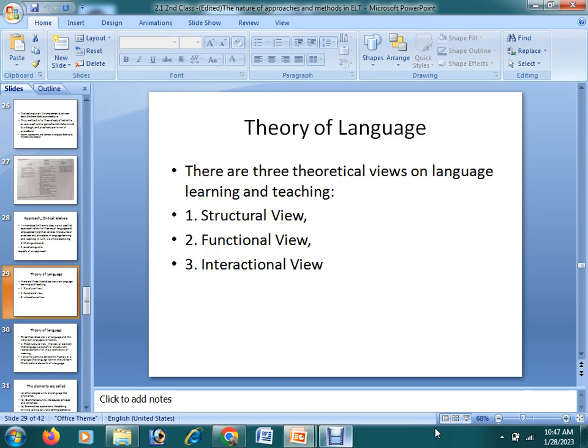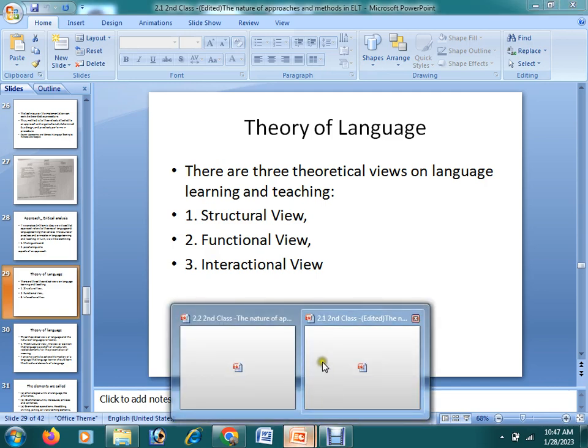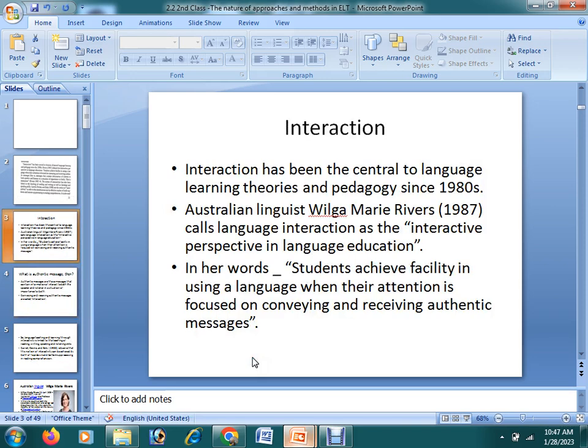That view means we have to interact with other people using the language. And that became a chief issue of the interactive view of language. Then what is interaction?